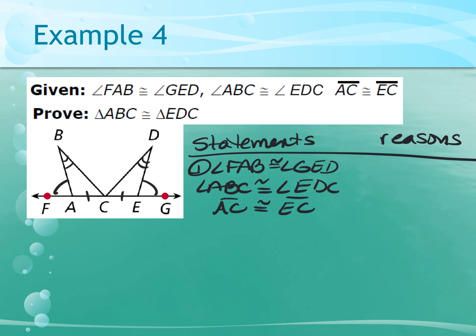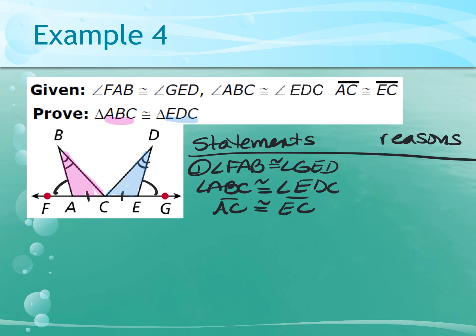So now, the two triangles I'm asking you to show are congruent are going to be ABC, which is this one right here, congruent to the EDC, which is over here. So notice in your picture, again, you only have two things marked as being congruent inside the triangle.